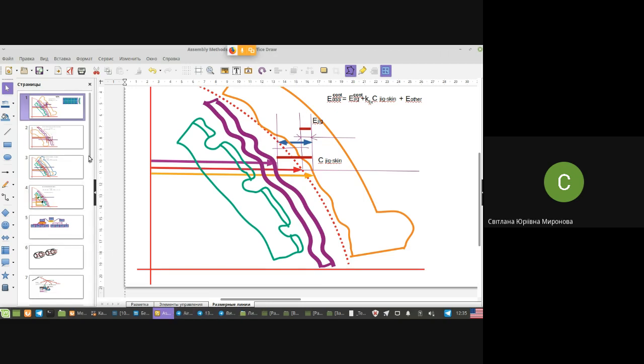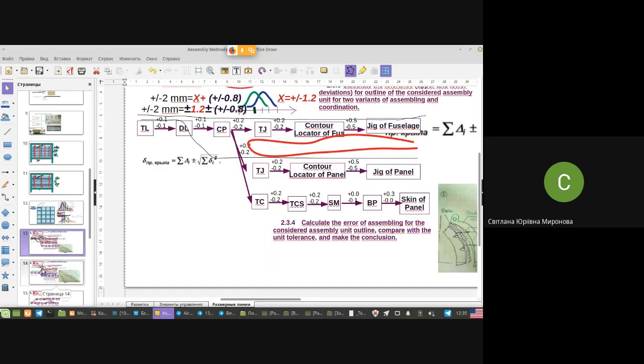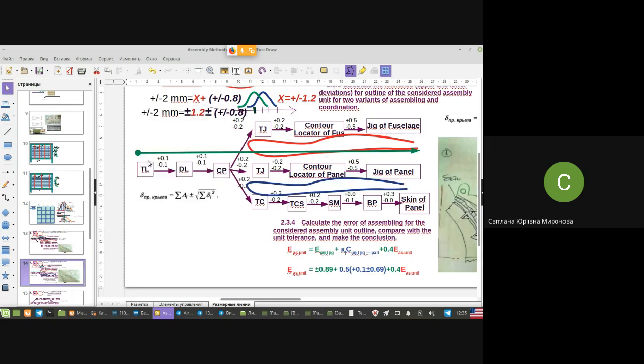And what should we do in terms of calculation? Once again, we have already identified that we are going to calculate error of assembling along this line, error of jig along this line. Next, we're going to calculate error of coordination and multiply it by the coefficient of fixation.